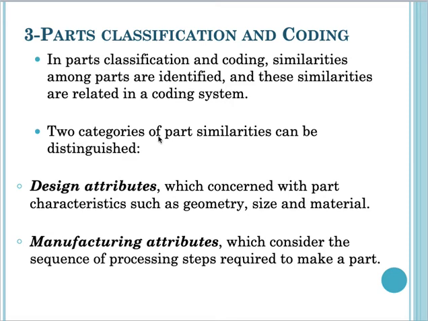Two categories of part families can be distinguished: design attributes and manufacturing attributes, as we discussed earlier. Design attributes are concerned with part characteristics such as geometry, size and material. Manufacturing attributes consider the sequence of processing steps required to make that part.